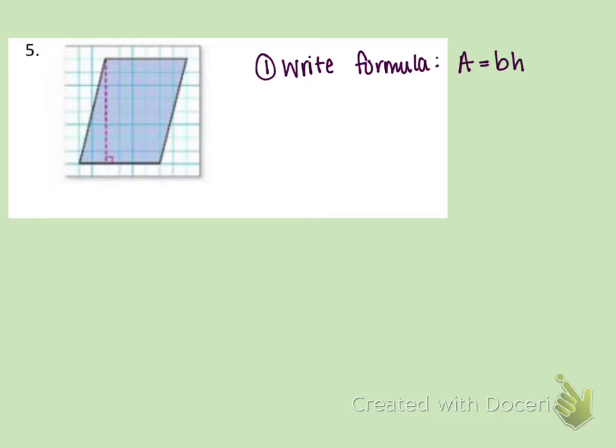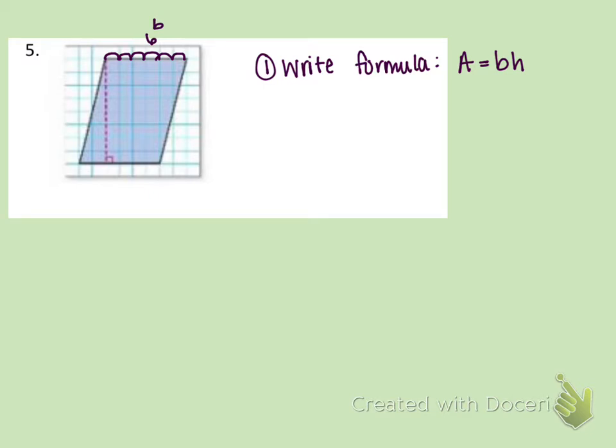When we're given a problem like this on a graph, we are going to count the units, which means each square is equivalent to 1 unit. So going from this corner to here, that is 1 unit, 2, 3, 4, 5, and 6 units. So the base is 6 units long.